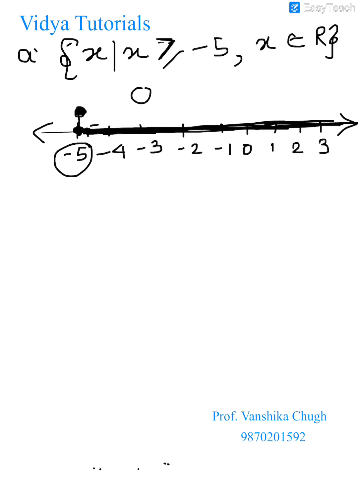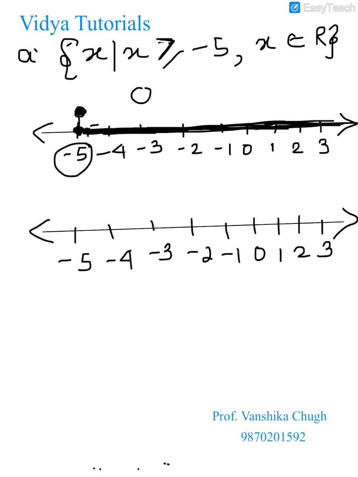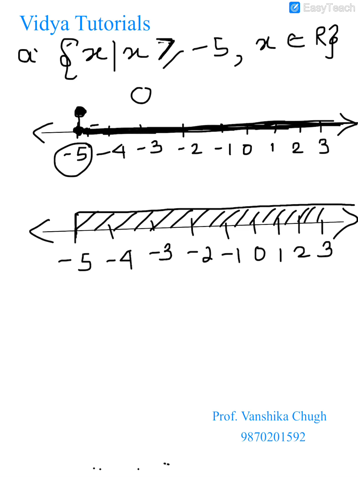There's another way to represent this. Another way of representing real numbers is that since minus 5 is included, you will draw a straight line there and make a shaded section. Generally in your sums you will have a range.